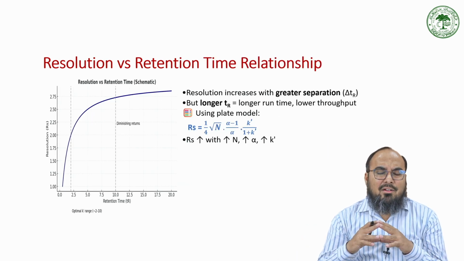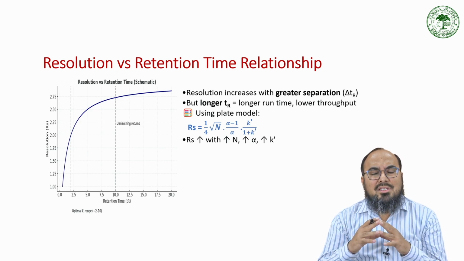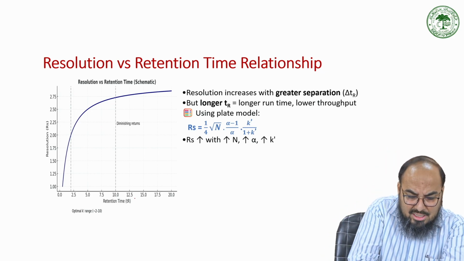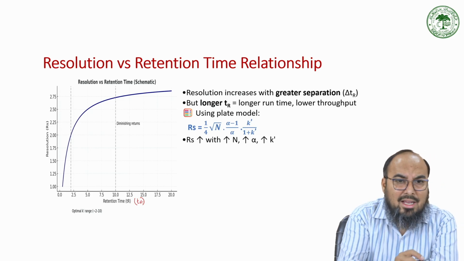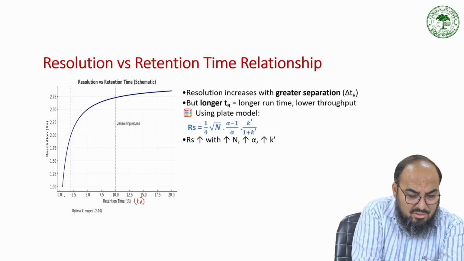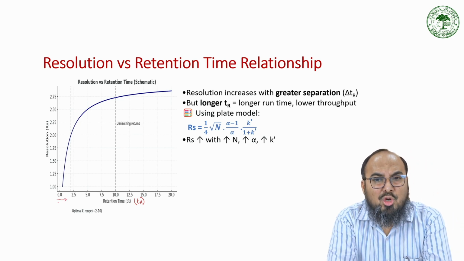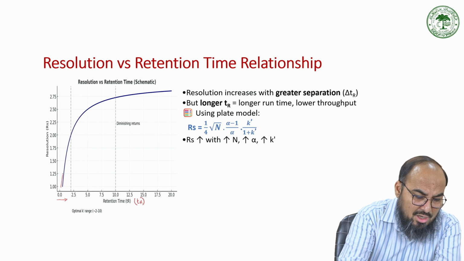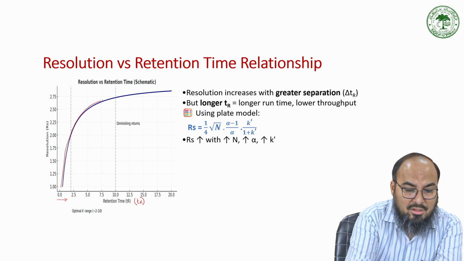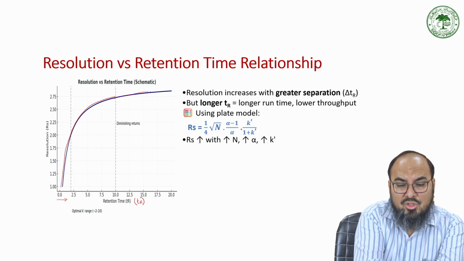Now let us draw a plot of the resolution, that is Rs, versus the retention time, that is TR. You can see that as the retention time for the elution of the solute molecule increases, there is an exponential rise of the resolution, and after a certain point of time, which is shown by the dotted line, it becomes almost constant.